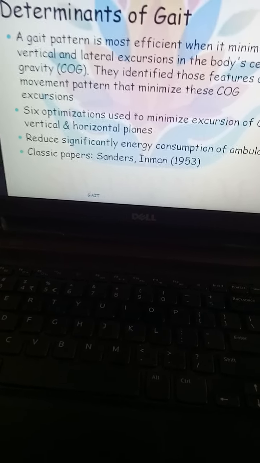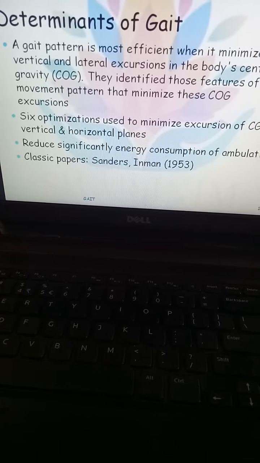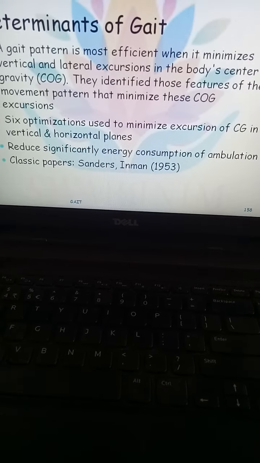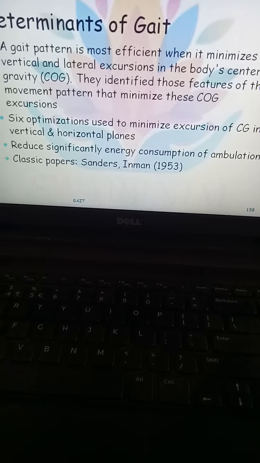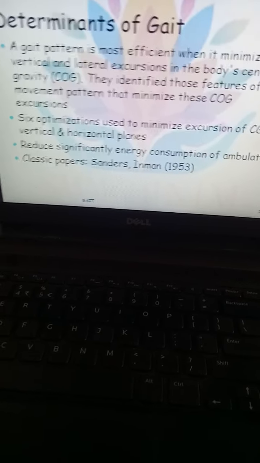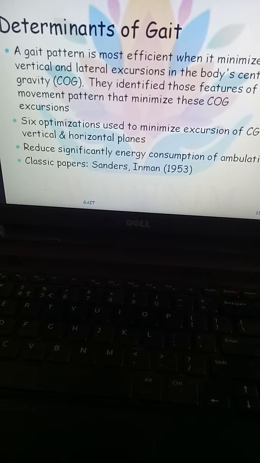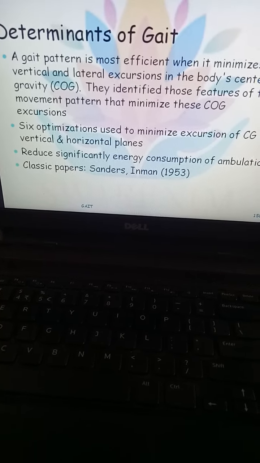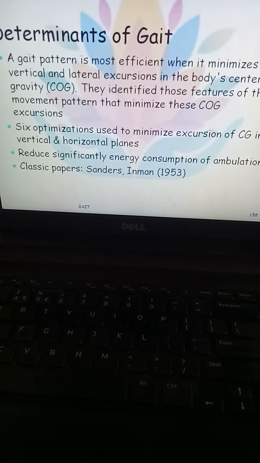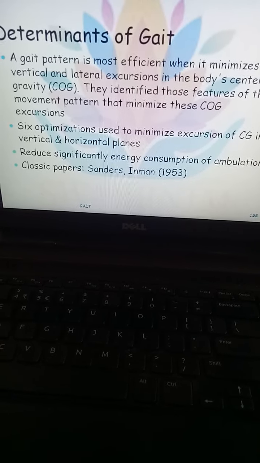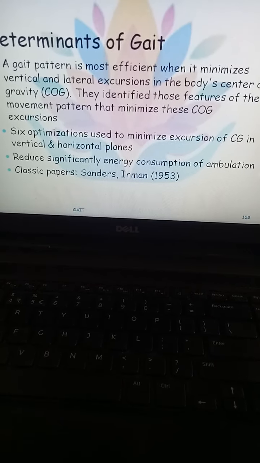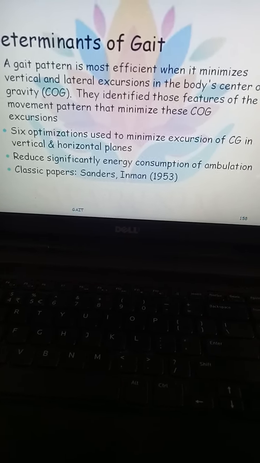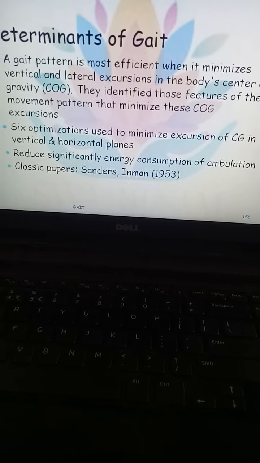Now identify those features of the movement pattern that minimize this center of gravity excursion. How will we determine it? There are six important optimizations that we have to use to minimize the excursion of the center of gravity in the vertical as well as the horizontal plane.